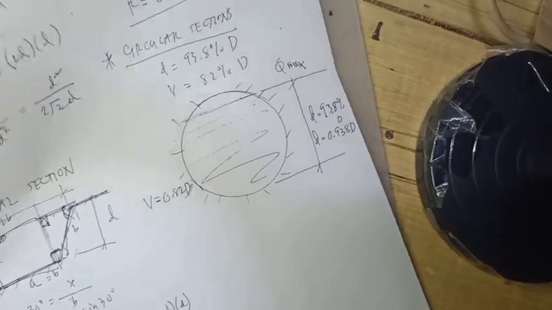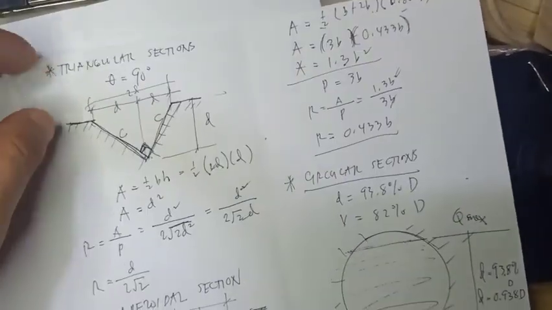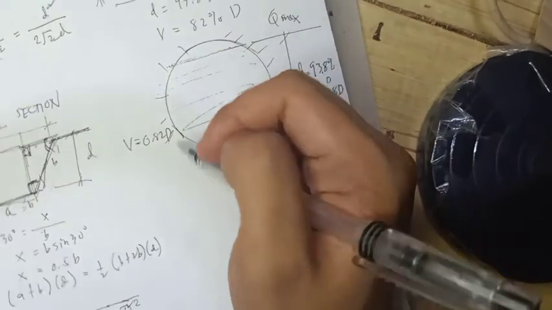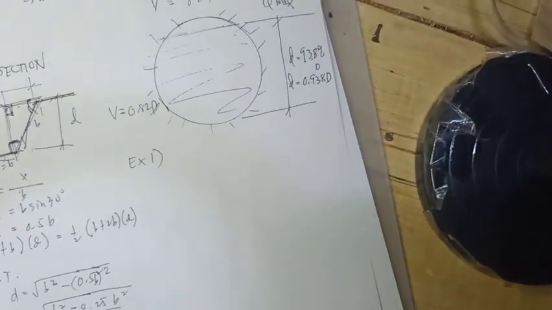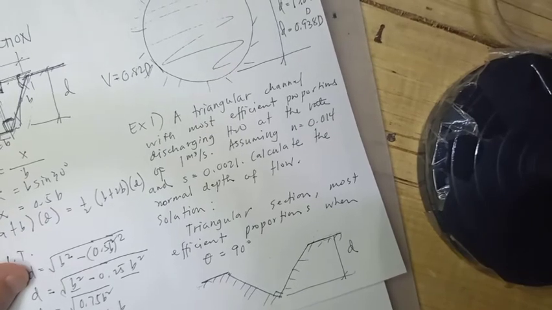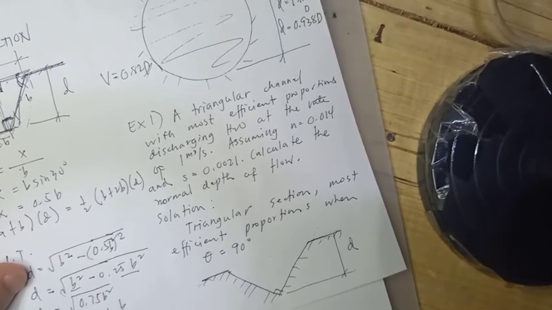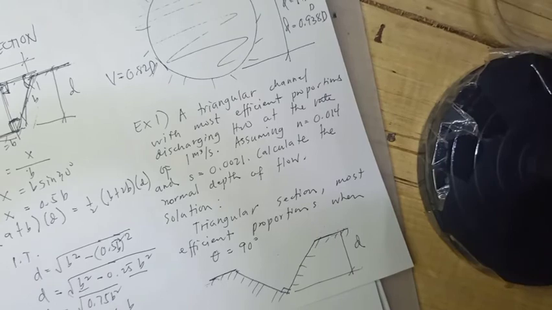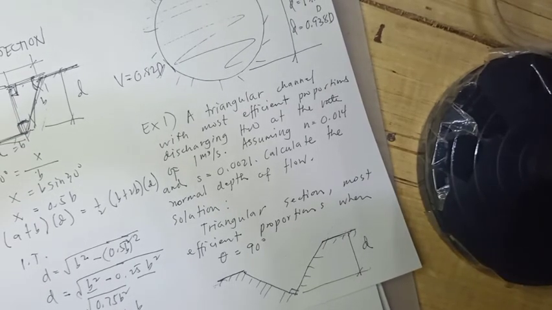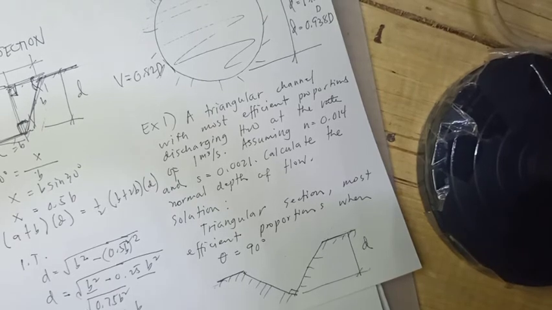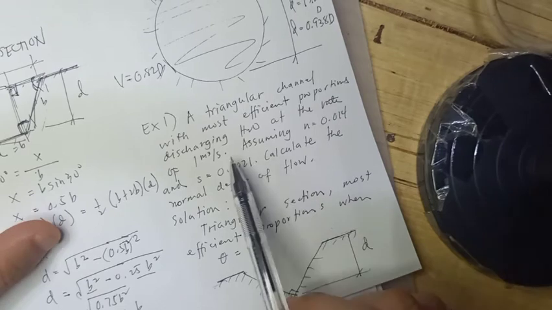So let's use the formulas I have introduced to you to examples, mga problems, no? Example number 1 here. So the problem is, or the example for the most efficient proportion or cross-section, it would be a triangular channel with most efficient proportions, discharging water at the rate of 1 cubic meter per second.